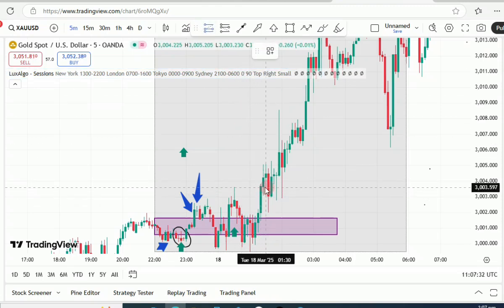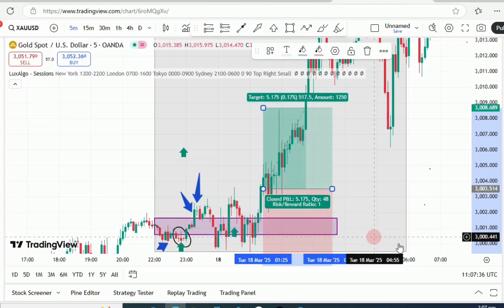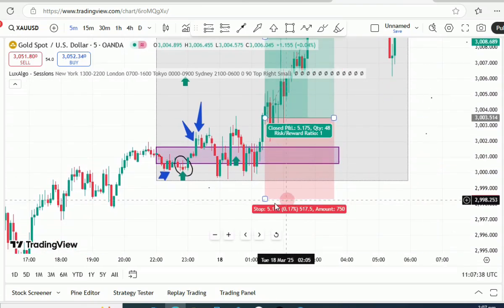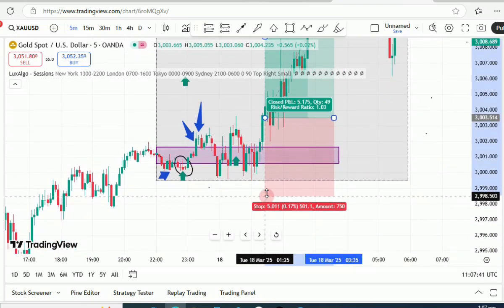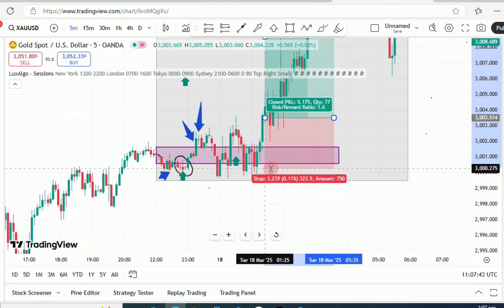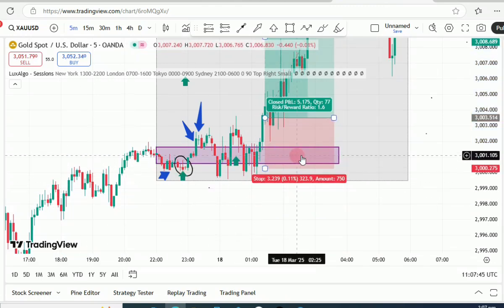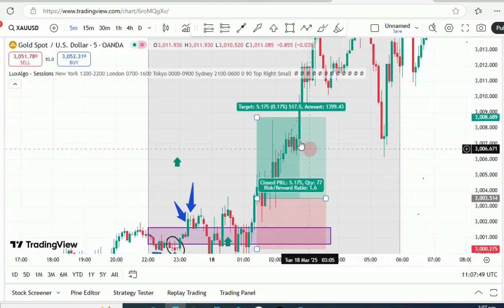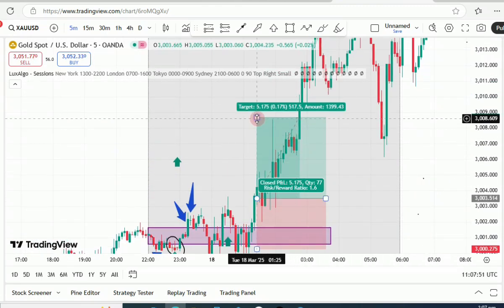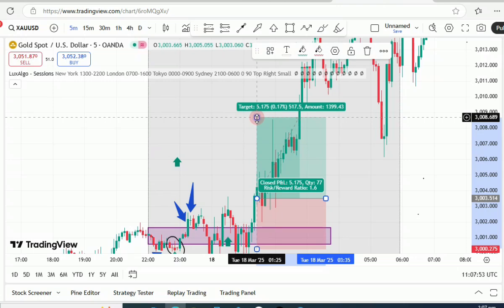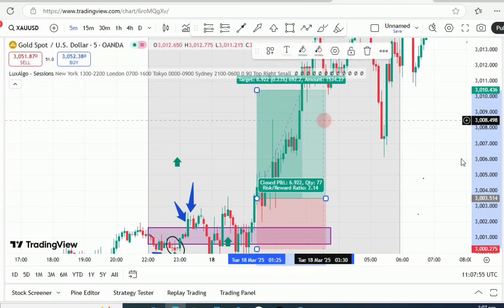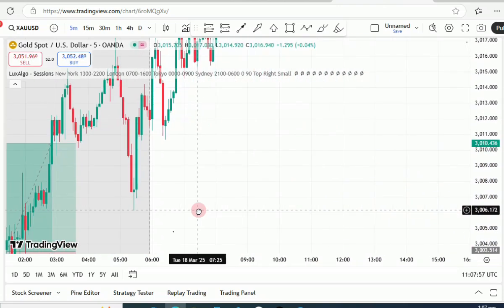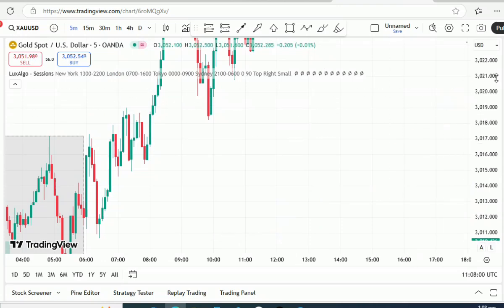And when you are making your buy entry, your stop loss should be slightly below that key level that we've been using. And you can target 1:4, and then we can just target 30 pips, and you're just going to get your money that way.